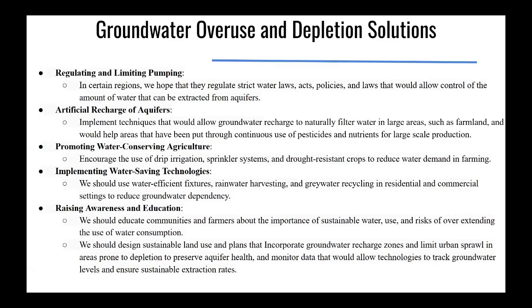We need to educate communities and farmers about the importance of sustainable water use and the risk of overextending water consumption. And then we should design sustainable land use plans that incorporate groundwater recharge zones and limit urban sprawl in areas prone to depletion to preserve aquifer health, and monitor data that would allow technologies to track groundwater levels and ensure sustainable extraction rates.